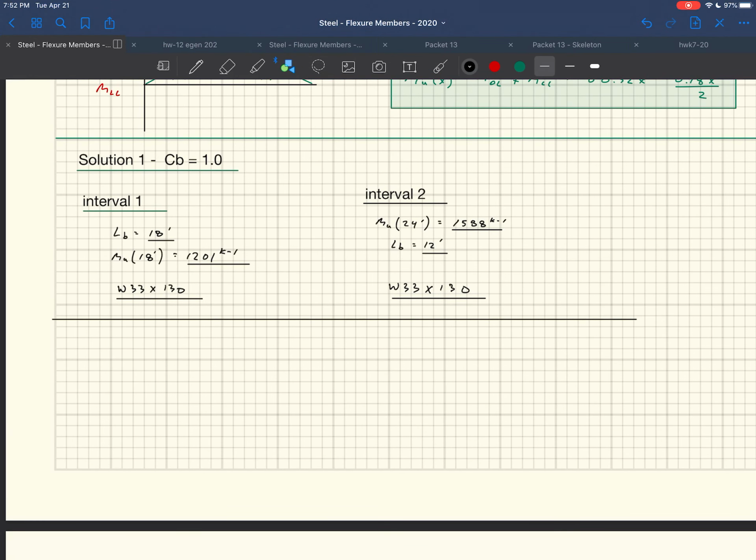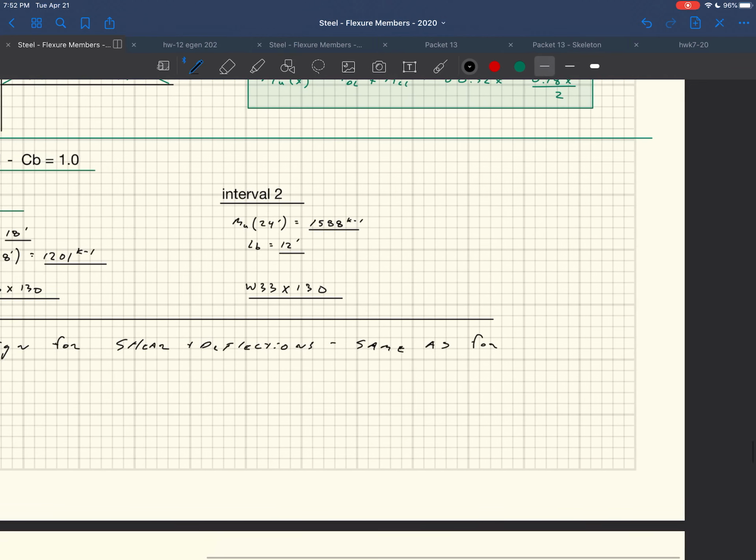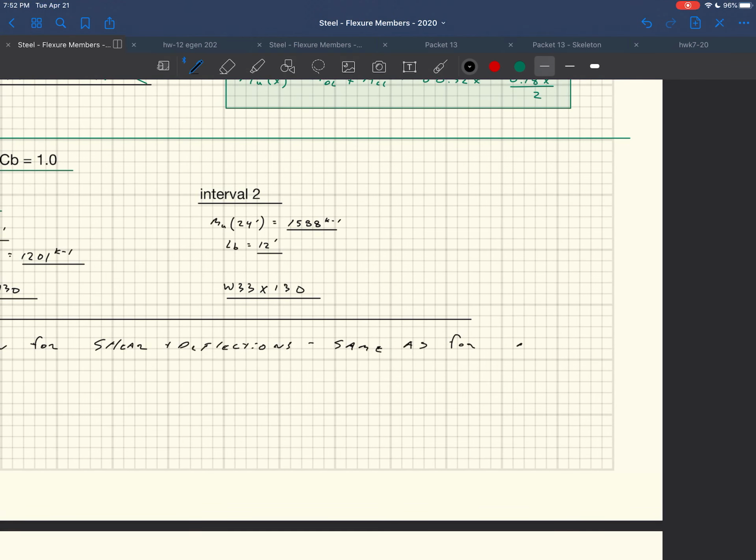At this point, you would have to design for, all right, you just say check shear and deflections. Okay, this would be same as before. Laterally supported beams.